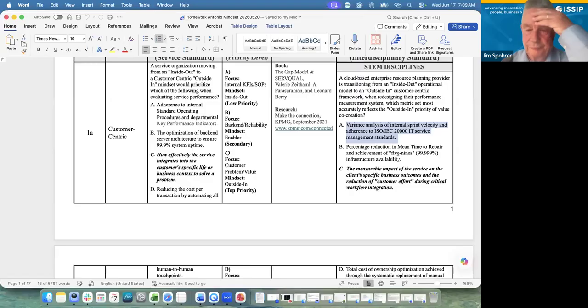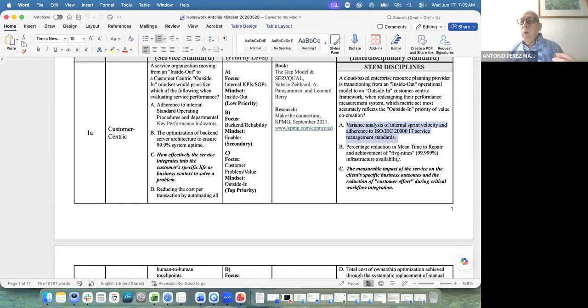The cognitive domain made me go back to who is the target audience of this questionnaire. And I realized that you are testing professionals in service innovation. That's right.